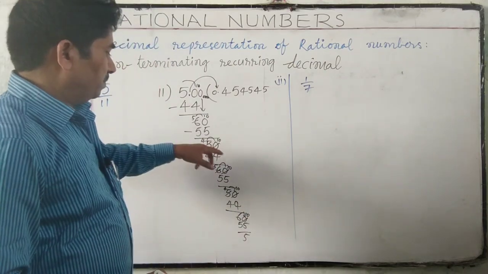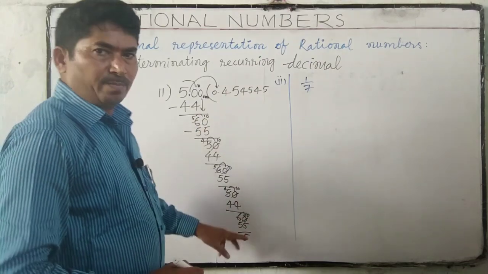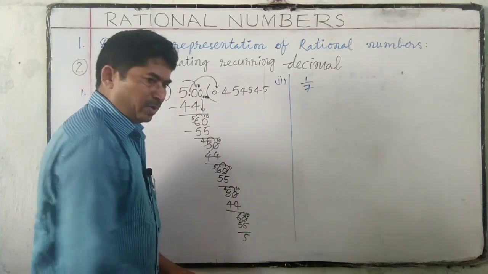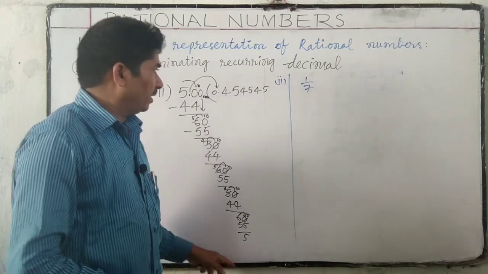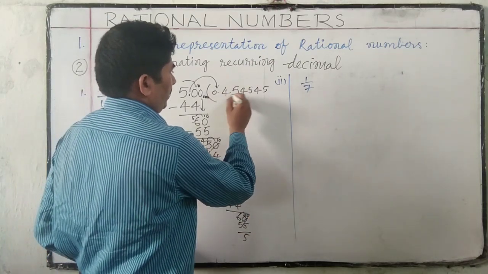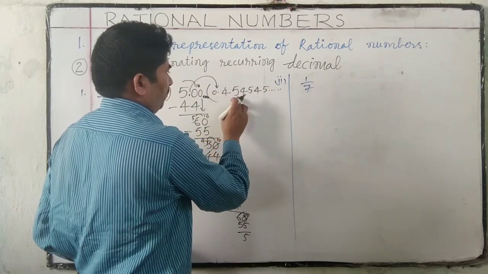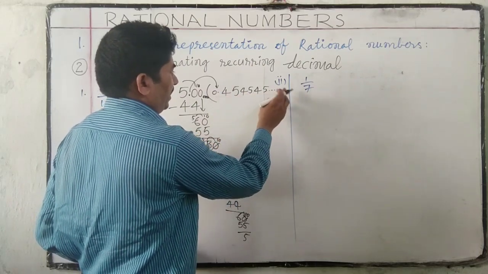So we understood that every time we are getting the same numbers as remainder, and the digits 4 5 4 5 4 5 are repeating like this.